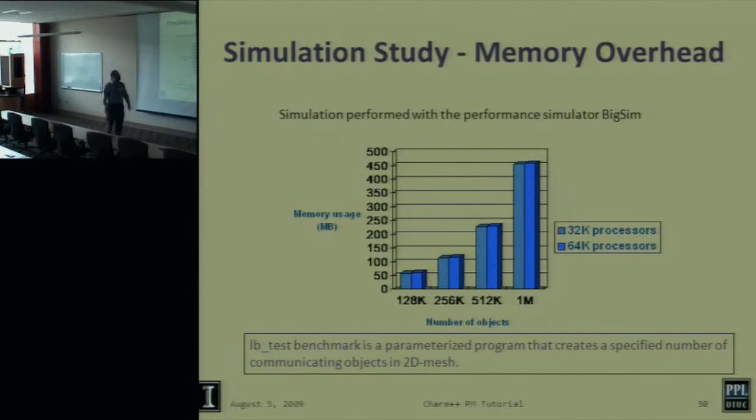So you wouldn't actually be able to use a centralized load balancer for 1 million objects on larger BlueGene machines. There simply is not enough space to do centralized load balancing, not even enough to still have memory for your computation. So the problem becomes untenable unless you do something different.